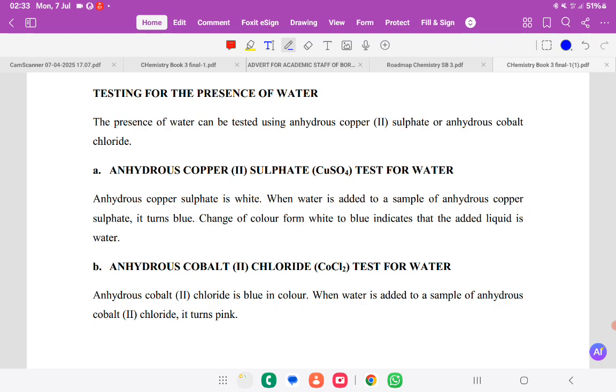Right, so we are saying that copper sulfate, CuSO4, is initially white.